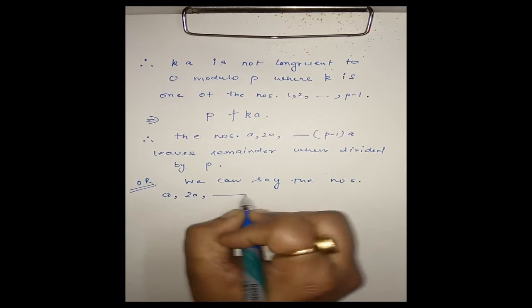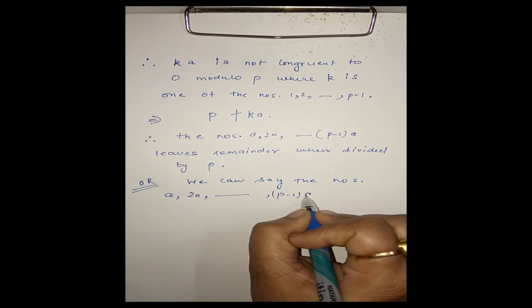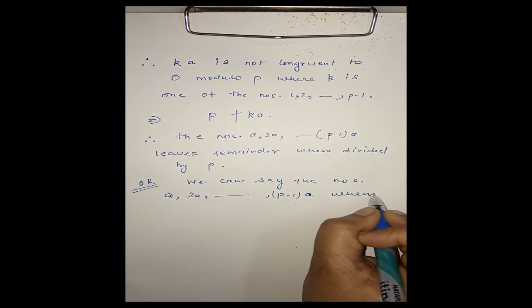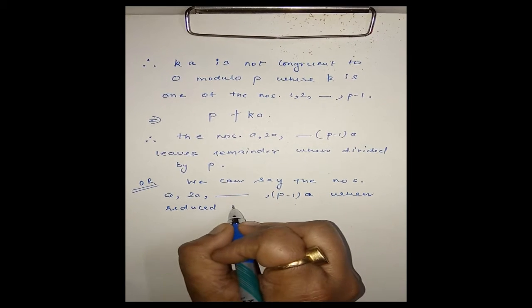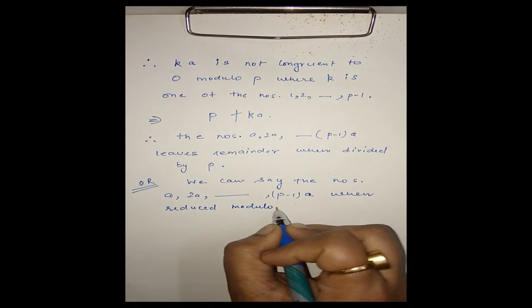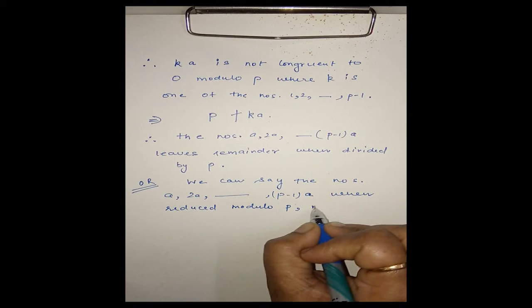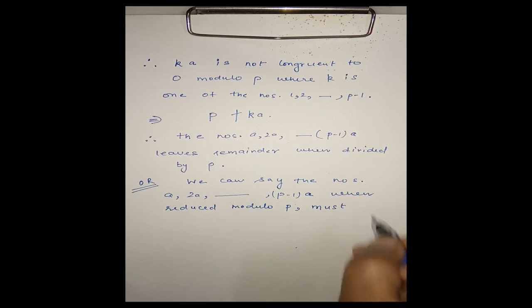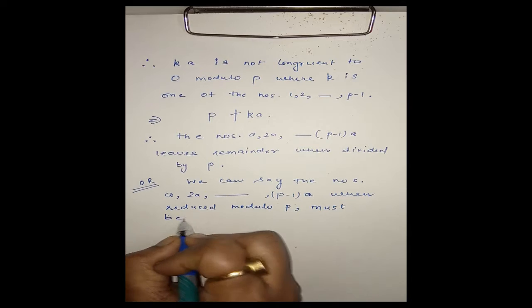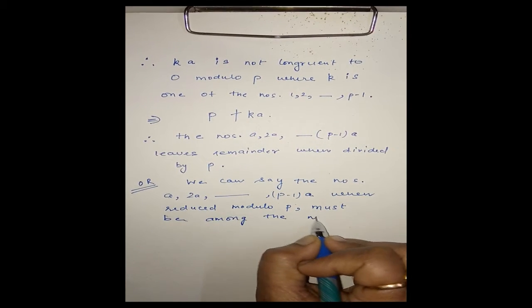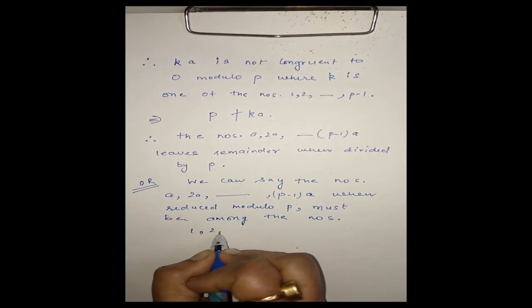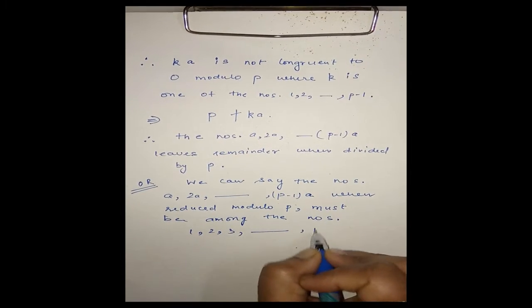We can say the numbers a, 2a, up to (p minus 1)a, when reduced modulo p, must be among the numbers 1, 2, 3 up to p minus 1.